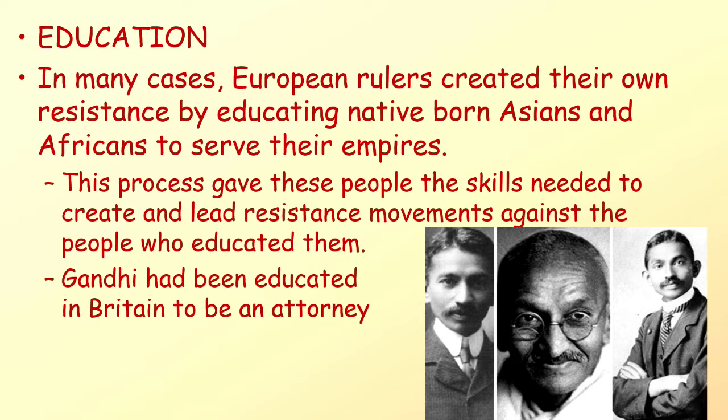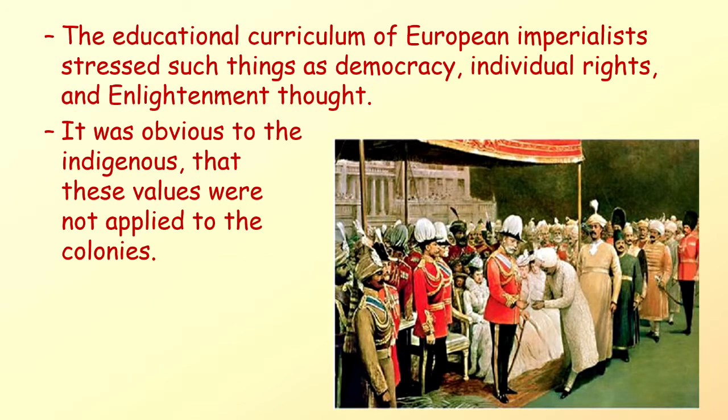Gandhi, for example, had been educated in Britain to be an attorney. Also, the educational curriculum of European imperialists stressed such things as democracy, individual rights, and Enlightenment thought. And it was obvious to these indigenous peoples that these values were not being applied to the colonies.